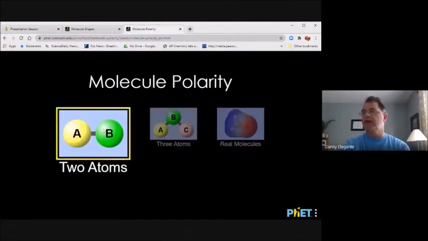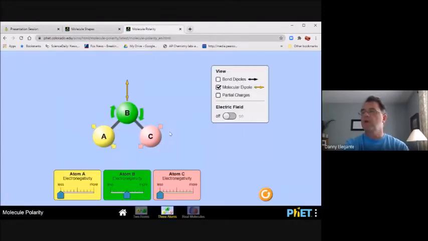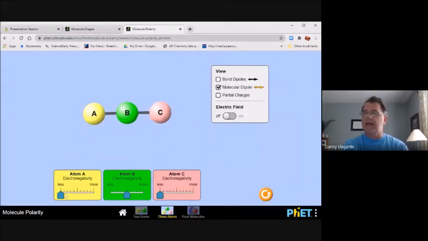We can show you that pretty quickly. If I make this look like CO2, so if I make A, just like oxygen, be more electronegative, and C, just like oxygen, be more electronegative, and we'll let the B be the carbon in the middle, then the electrons are definitely being drawn to the oxygen on the left and the oxygen on the right, but notice that those poles kind of cancel each other out.